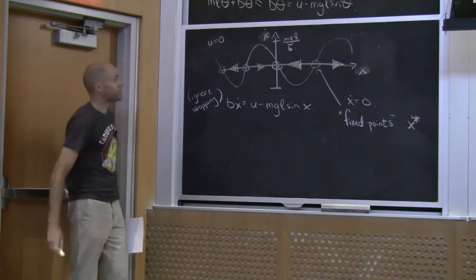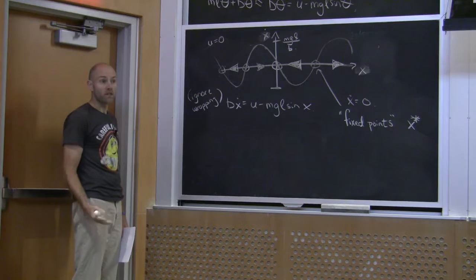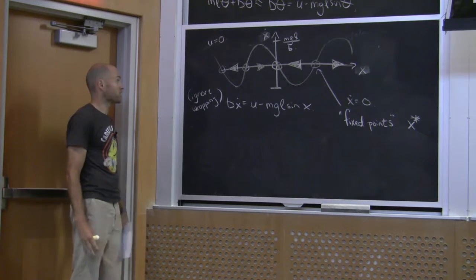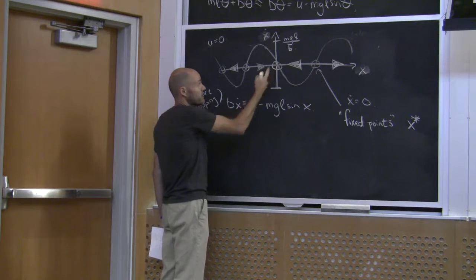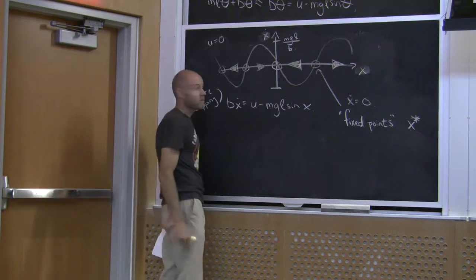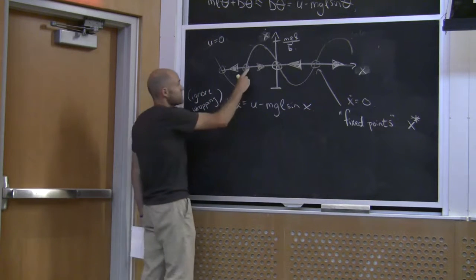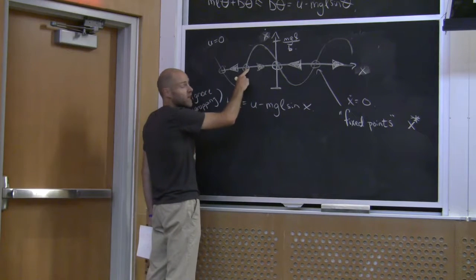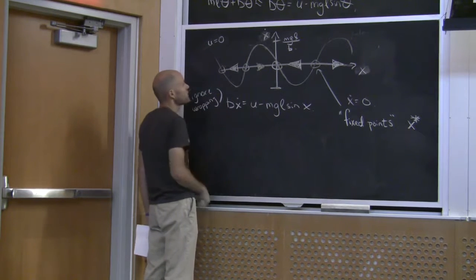And now you can see that, well, I know, given any initial conditions, I can tell you instantly what the long-term solution of the system is, right? So if I started in here, I'm going to move this way and end up at that fixed point. If I start here, I'm going to move this way, I'm going to end up at that fixed point. If I start very, very close to this fixed point, I'm still going to end up at that one over here. Right? It's completely, there's no mysteries here.